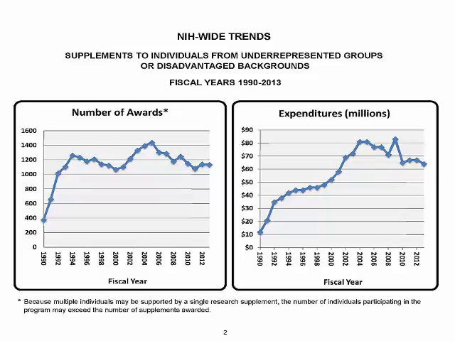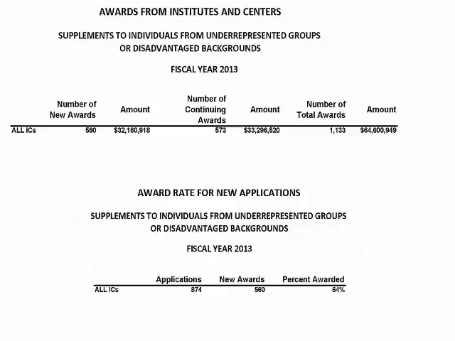And if we look at how many of these are given every year, you can kind of see the number here. But here's the interesting thing about these awards. You see across all of the institutes, there were 560 of these awards. And the supplements are for people from underrepresented groups or disadvantaged backgrounds.